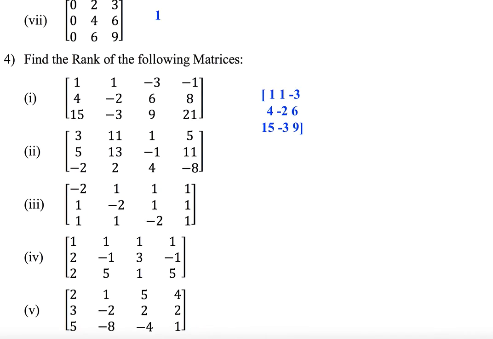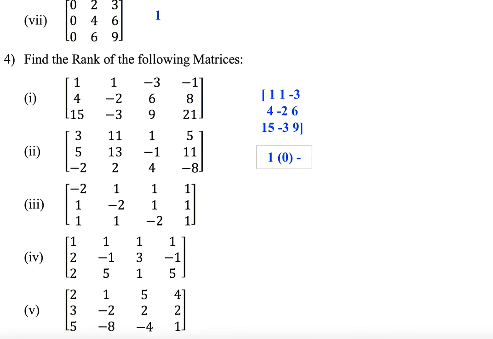Okay, let's find the determinant of this matrix. How to find the determinant? We'll use the formula, proceeding from the row: 1 into minus 18 plus 18, that is 0.